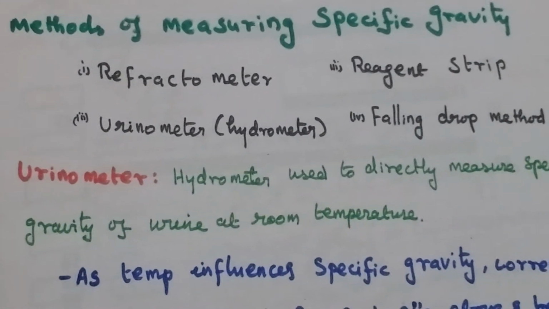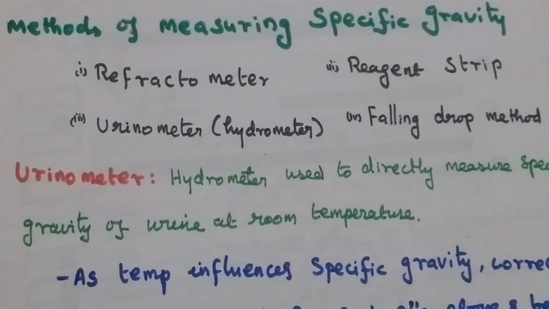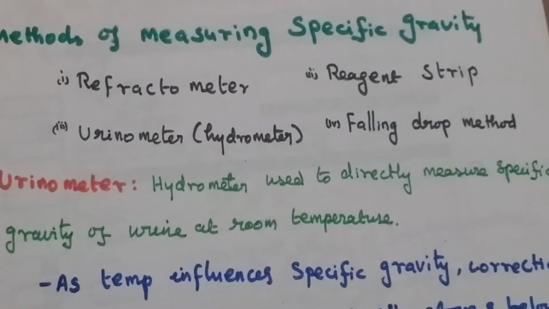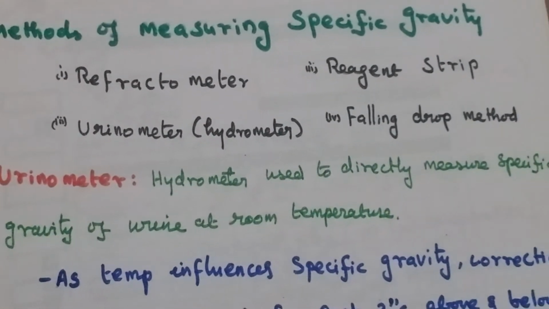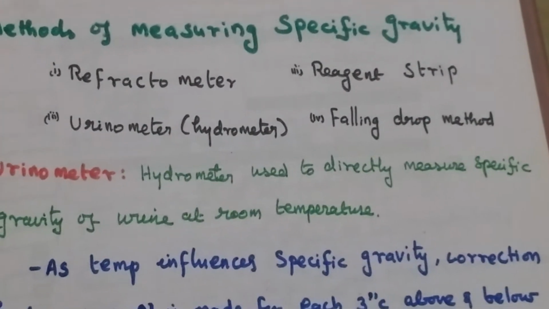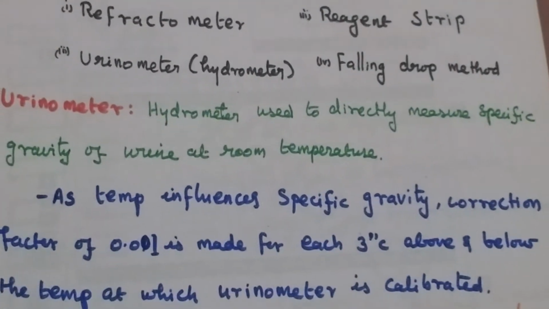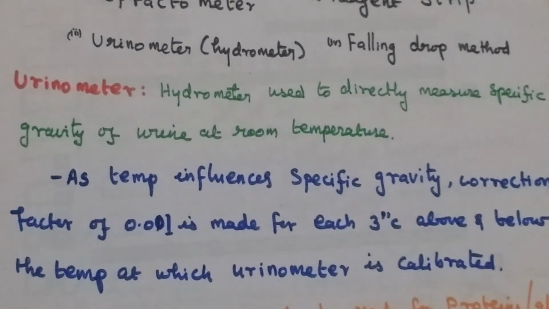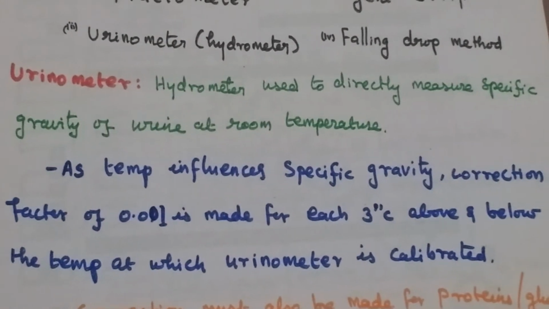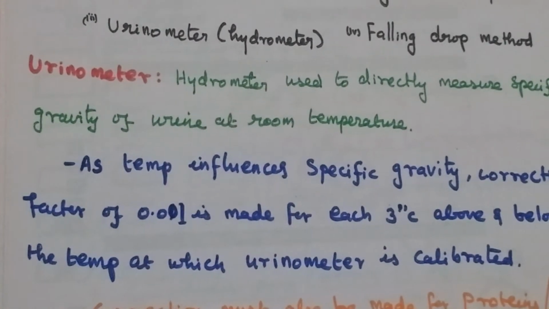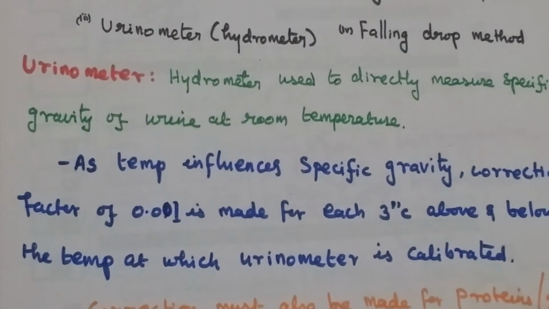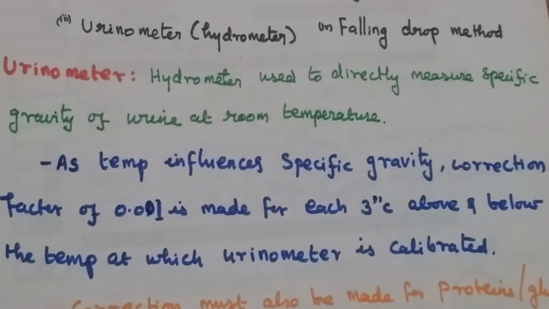Urinometer is a hydrometer used to directly measure the specific gravity of urine at room temperature. The urinometer reading is affected by temperature.